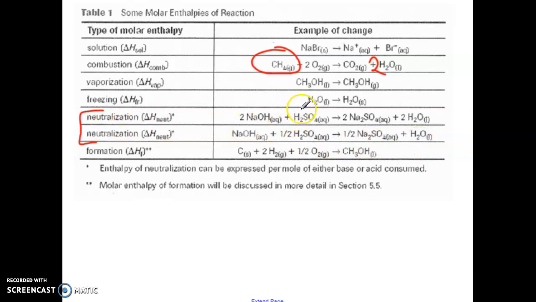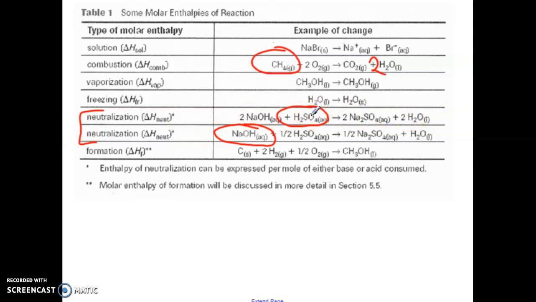This first one is the molar enthalpy for sulfuric acid. However, the second reaction is the molar enthalpy for the base, for the sodium hydroxide. So when you're looking at a reaction, it's very important to keep in mind what molar enthalpy you are trying to express.